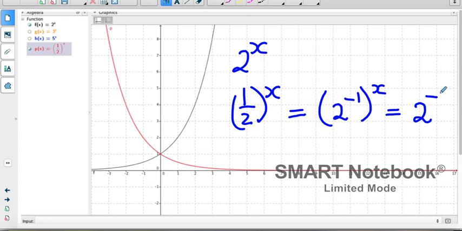Then we have negative x there. So we have shown that although the reason the graph is a mirror image horizontally is because of the base that looks different, you can also explain it in terms of horizontal reflection. You can change it into 2 power negative x.